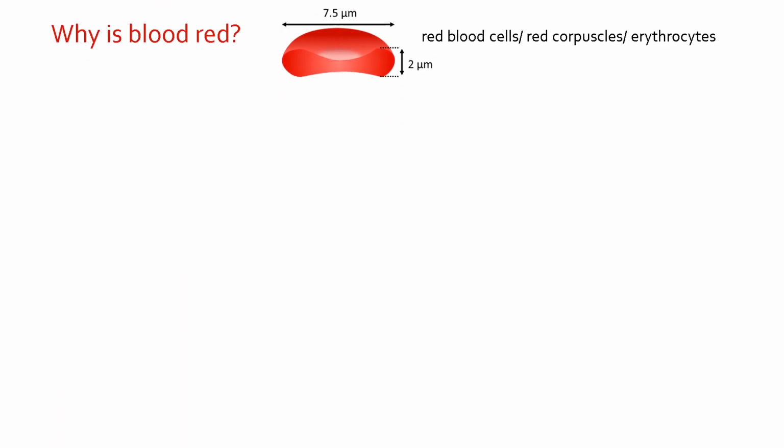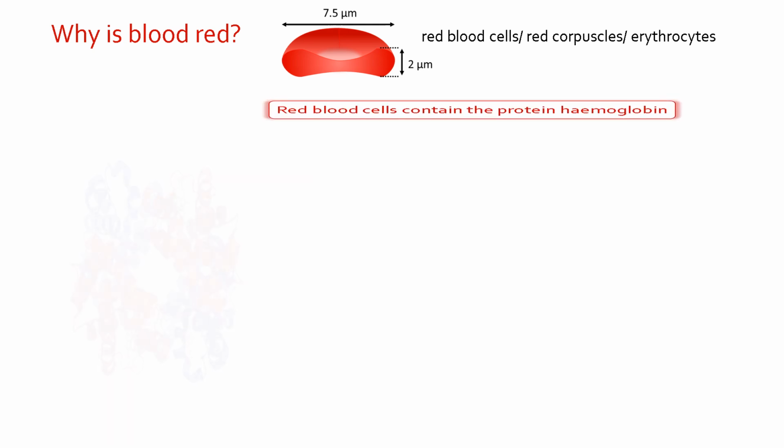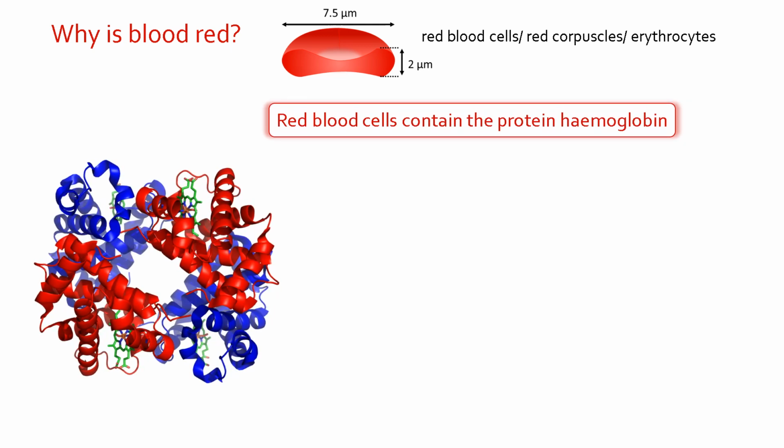The red colour comes from the red blood cells, sometimes called red corpuscles, although their scientific name is erythrocytes. These cells are around 7.5 microns in diameter and have a biconcave shape. Each erythrocyte is packed with the protein hemoglobin, shown here as a 3D model.